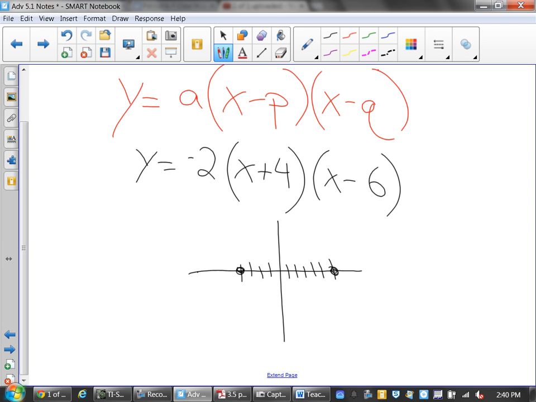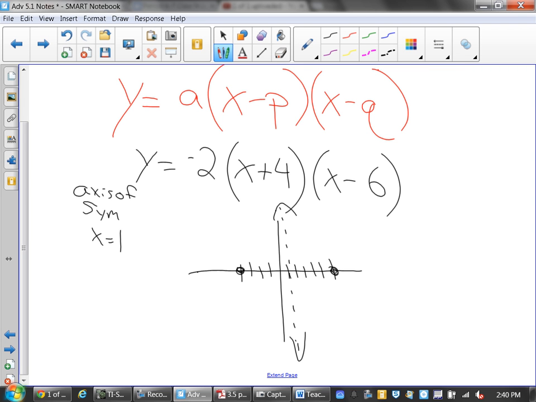Now, what's negative 4 plus 6? Two. What's half of 2? One. So where's your axis of symmetry? It's at x equals 1.